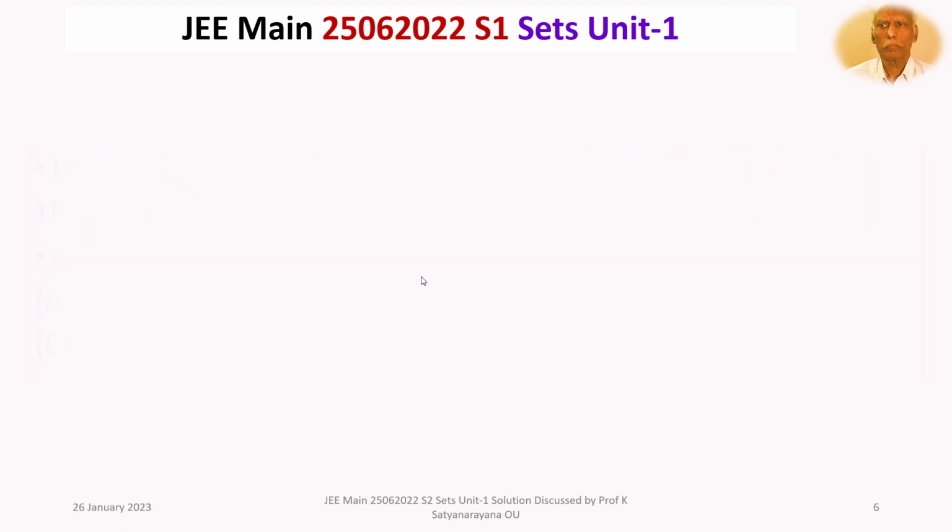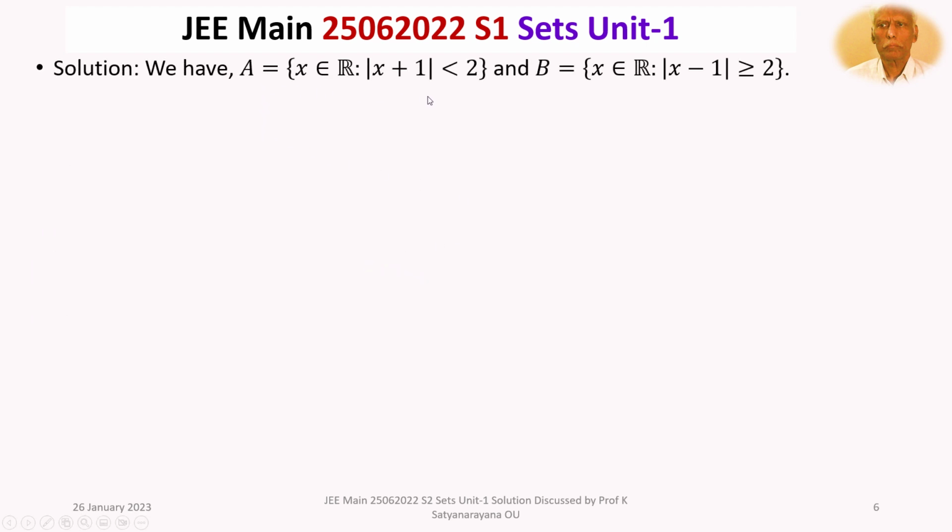We now discuss the solution of the problem in detail. We have the set A and the set B. Now, A is equal to the set consisting of x belongs to R such that modulus of x plus 1 is less than 2. This can be written as mod of x plus 1 less than 2 implies minus 2 less than x plus 1 less than 2.